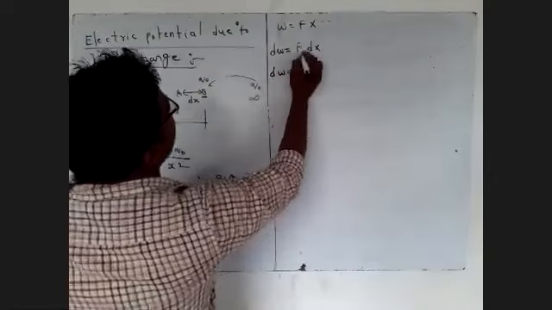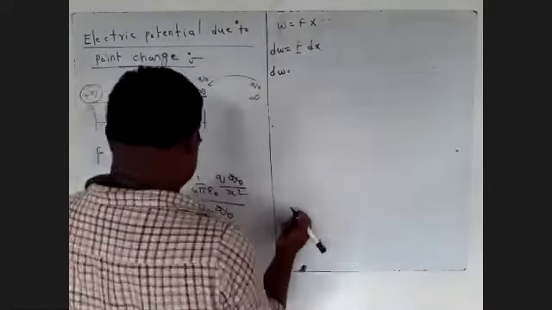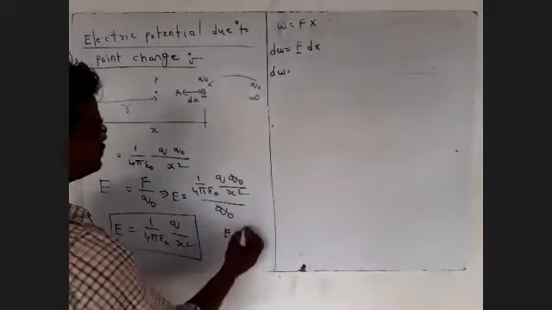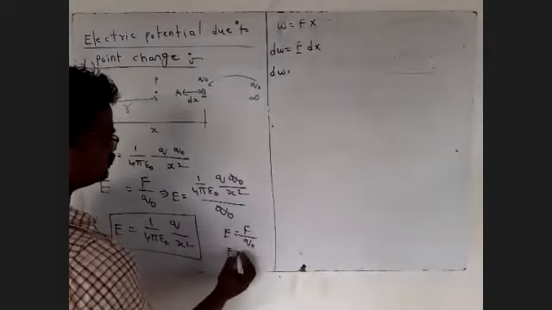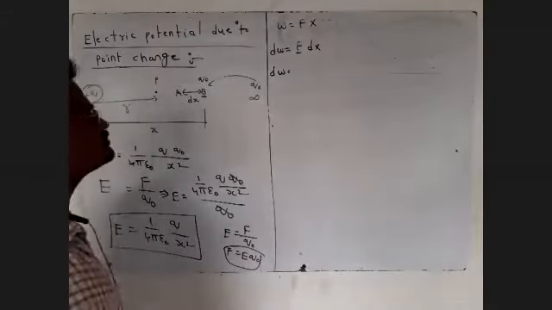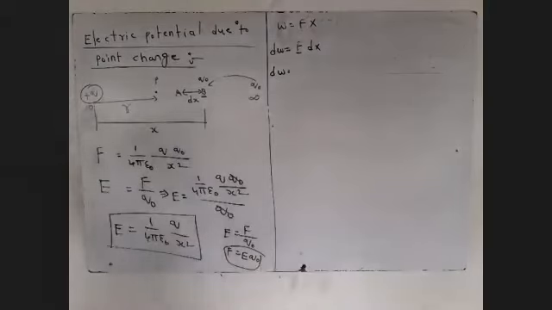What is F? We know the relation: intensity of electric field is equal to force by charge Q naught, so F is equal to E Q naught.